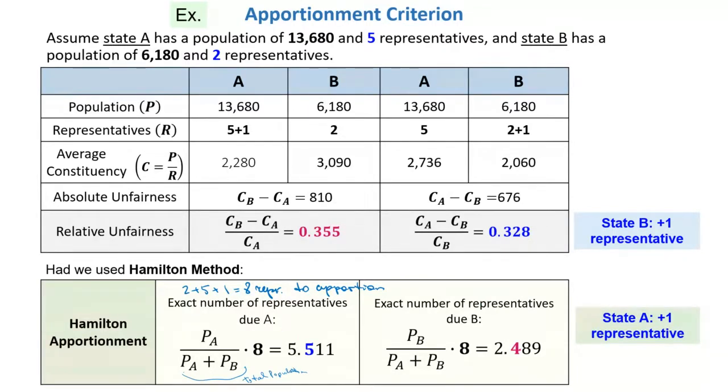Okay, first we assign 5 and 2, the integer parts, and then we assign the next representative to the state with the greatest fractional part, 5 and 4. 5 is greater than 4, so A gets an extra representative and gets 6 representatives. You see, different methods may give different apportionment.